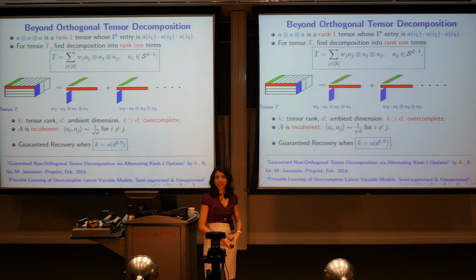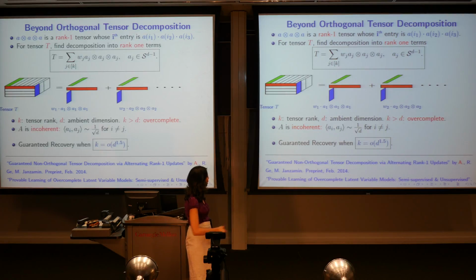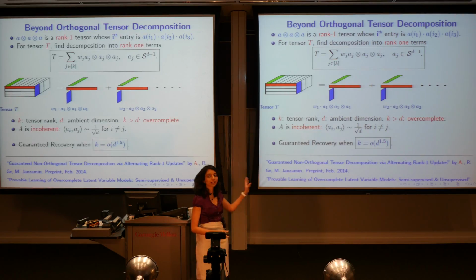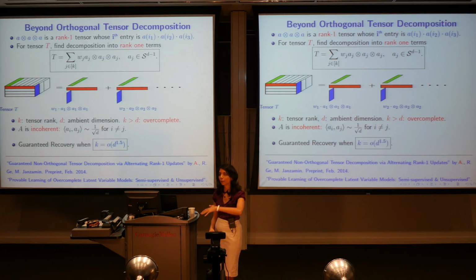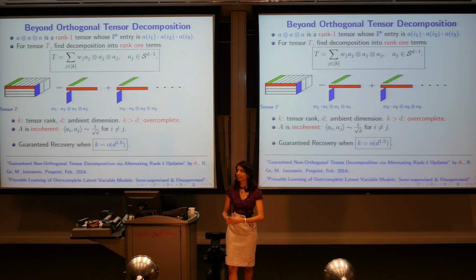We can handle components up to d to the 1.5 with a third order tensor, and for a general pth order tensor, up to d to the p by 2. As long as we have more and more components, we just have to go to higher order moments.